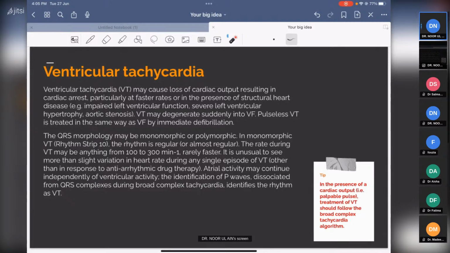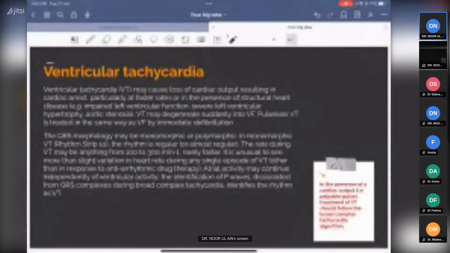और जहाँ पे आप ये देख लें कि there is a ventricular tachycardia and it's not really relating to a P wave, this is ventricular tachycardia for sure. जहाँ पे आप देख लें कि there is a broad complex tachycardia, broad complex मैं बोल रही हूँ इसलिए ताकि आपको पता चल जाए this is from the ventricles. तो जहाँ पे आप देख लें कि there is a broad complex tachycardia और उसका कोई लेना देना नहीं है P waves के साथ, कभी है कभी नहीं, this is ventricular tachycardia until proven otherwise.